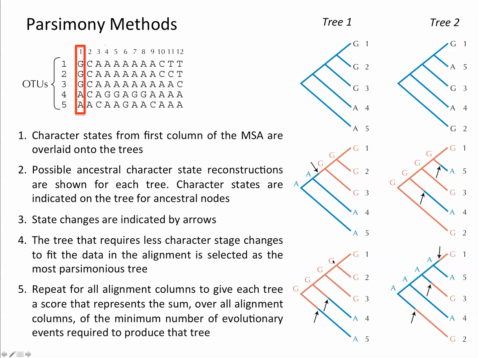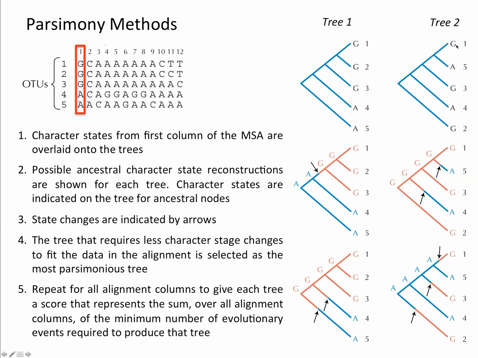In this case, supposing that this is the ancestral character, we have to have a change here and a change here to produce 2 A characters here. Similar for this other tree.